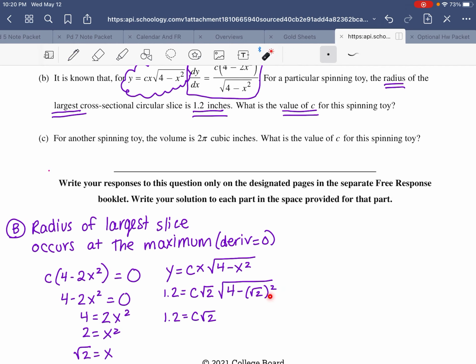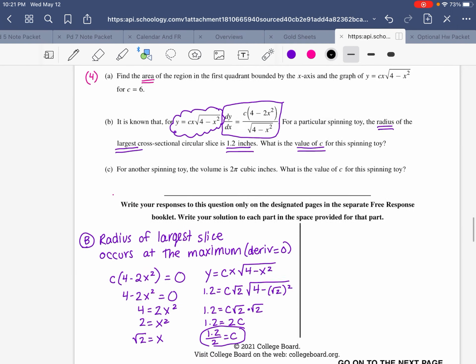Here I know that the square root of 2 squared is just 2. So 4 minus 2 under the radical is 2. So that's what I have right now. Then if I multiply these square roots together, I just get 2c. And then if I divide both sides by 2, I get my c value of 1.2 divided by 2, and I've answered the question.